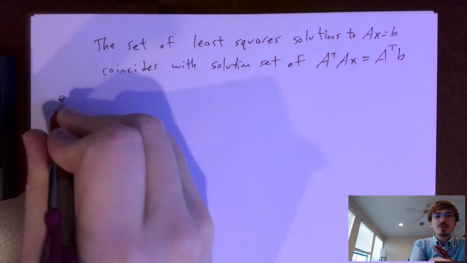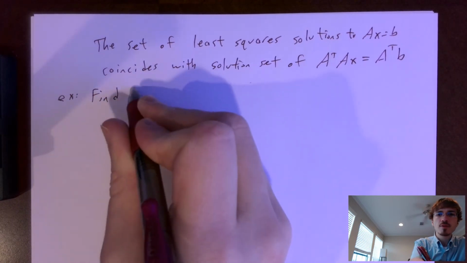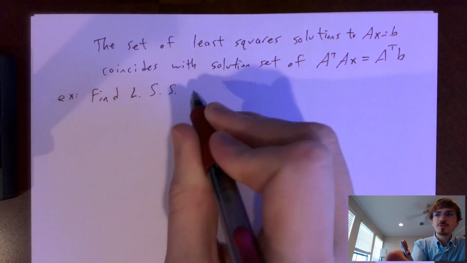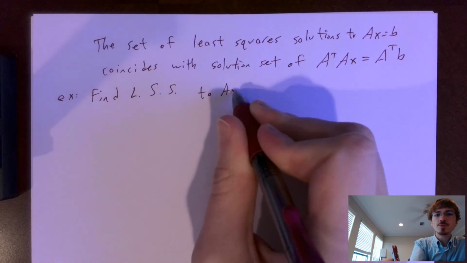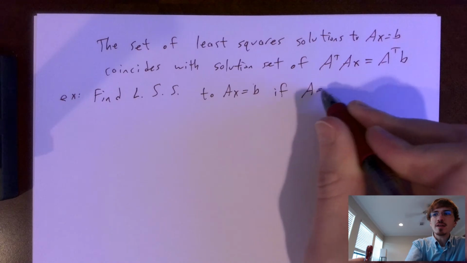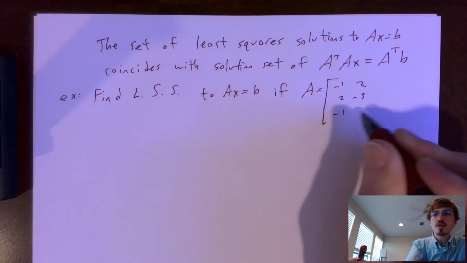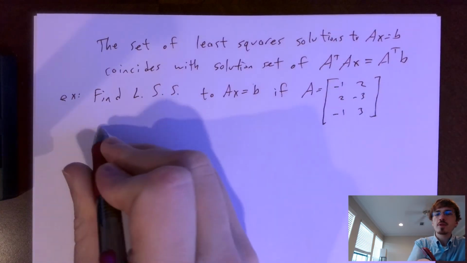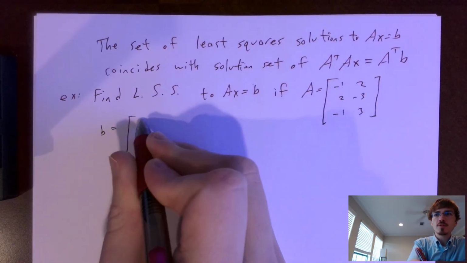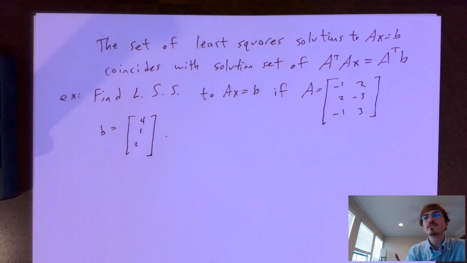Let's show why it's easy with an example. Find the least square solution to Ax equals b if A is the matrix -1, 2, 2, -3, -1, 3, and B is the vector 4, 1, 2.